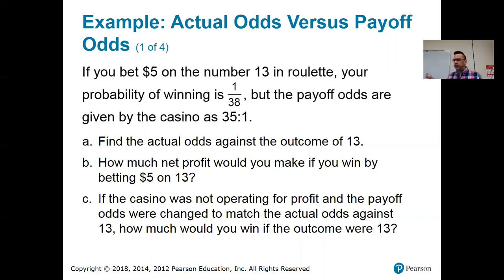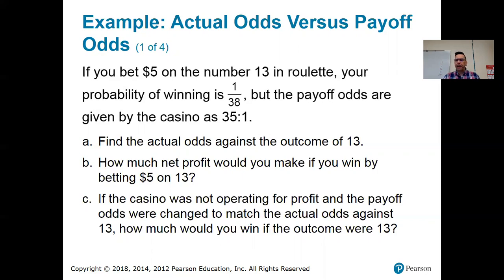The numbers used in roulette are the numbers 1 to 36, and then the number 0 and also double 0. Half of the numbers are red and half are black. I don't think they get into red and black numbers in this example. Anyway, that's kind of how roulette works.